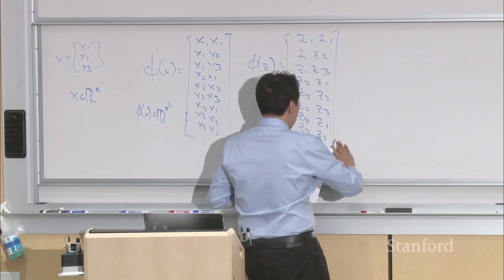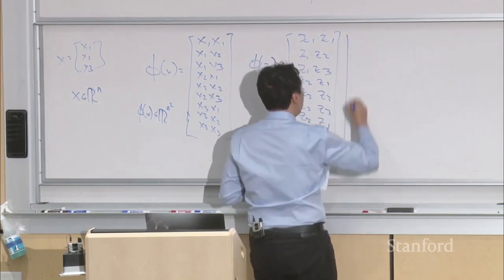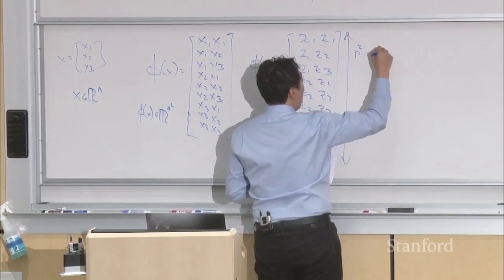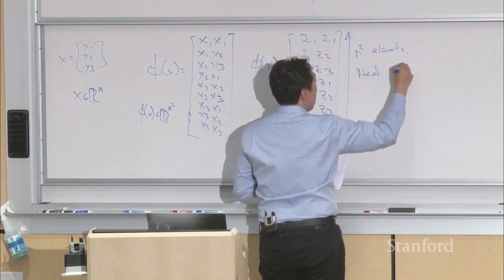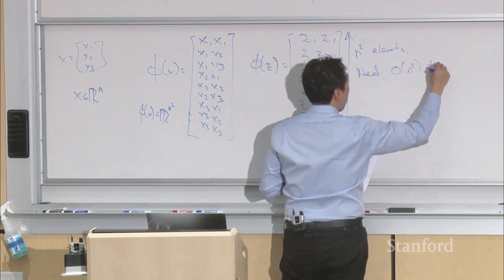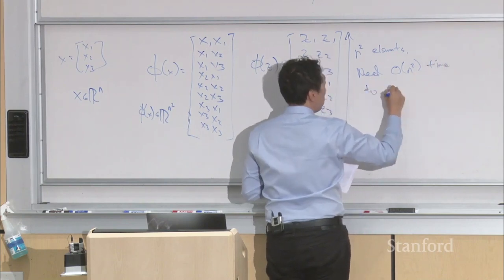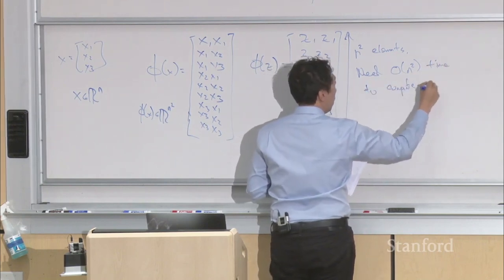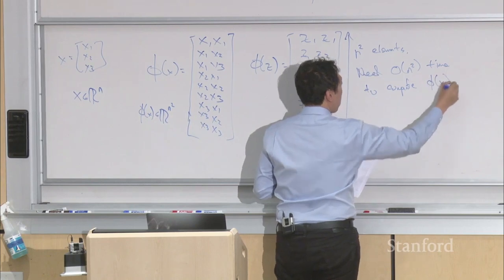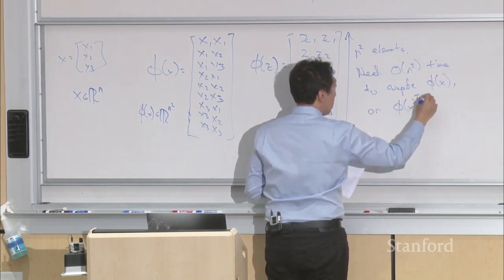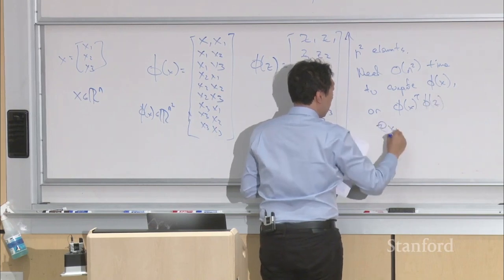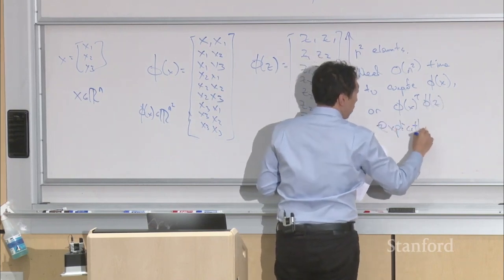Because there are n squared elements, you would need order n squared time to compute phi of x transpose phi of z explicitly.